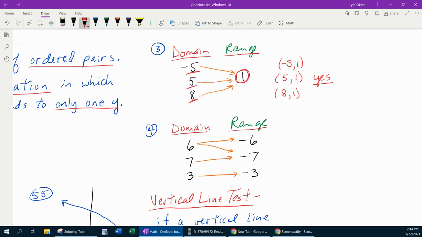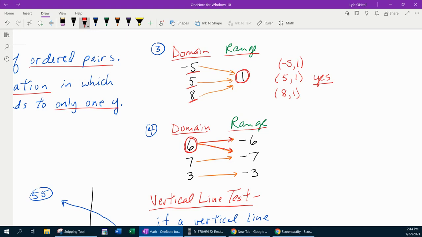Now let's look at number 4. Here we have the domain, the x's mapping to the range, the y's. Again, we want to determine if this relation is a function, and it doesn't take long to see that we do have an x value that goes to more than one y value.